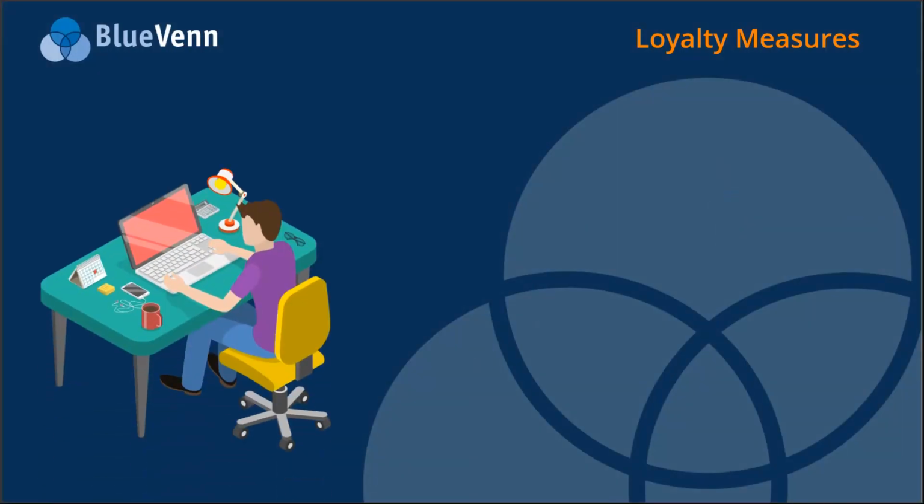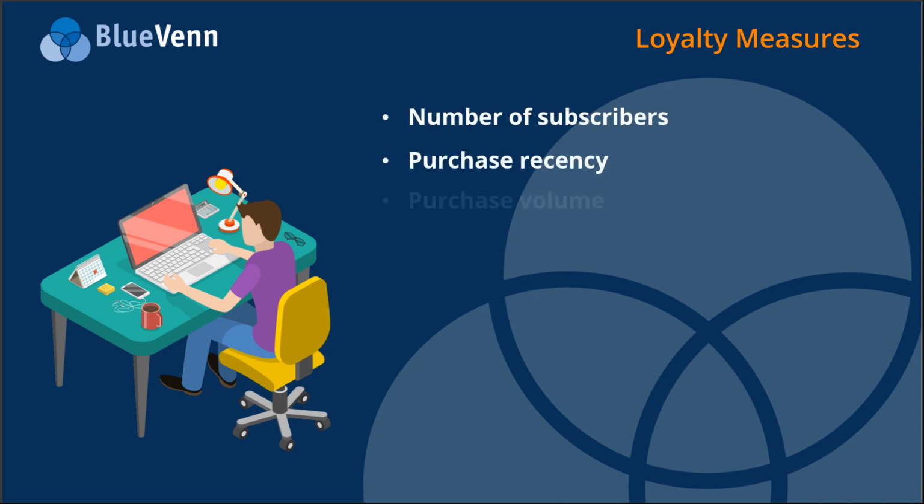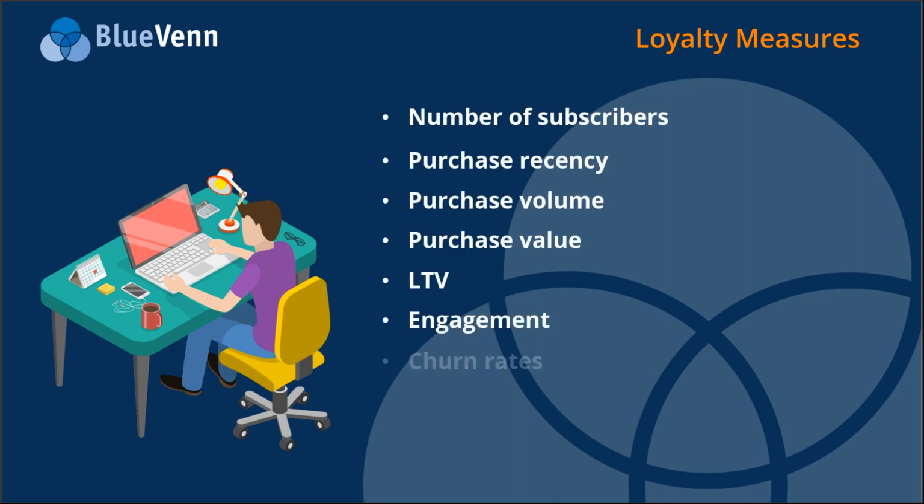So when we think about measuring loyalty, we first need to think about a couple of different things. We need to think about and acknowledge the different flavors of loyalty, and which of those different flavors are manifesting within our customer base.